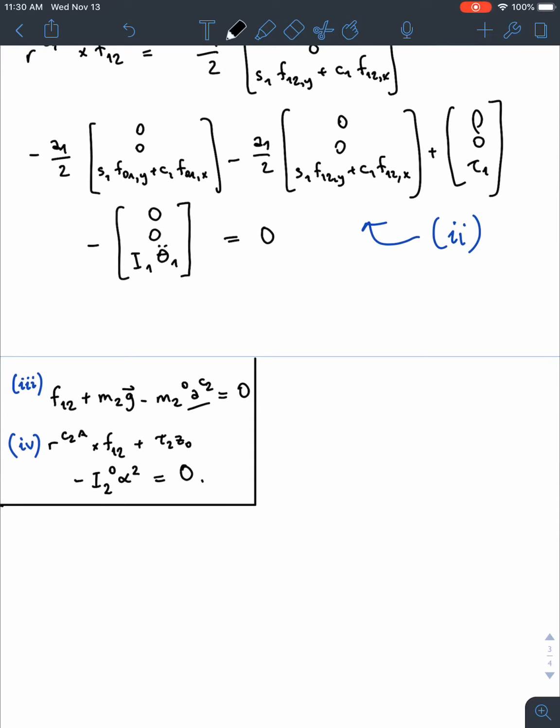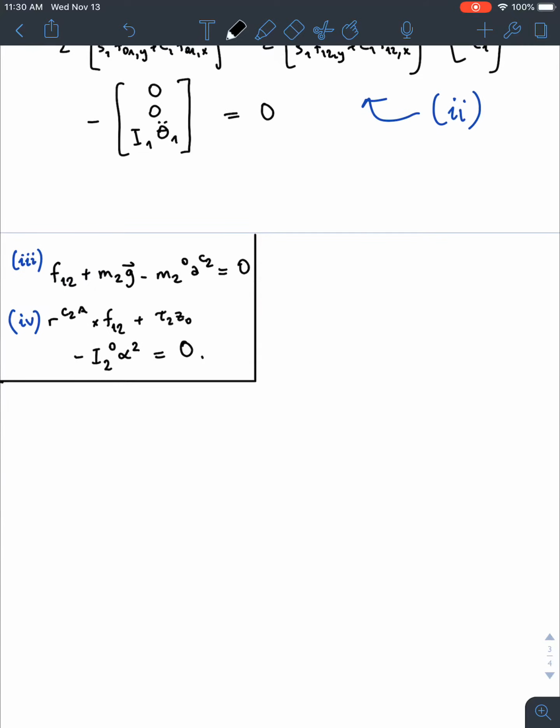That's going to be a bit longer than the acceleration of c1 because I have to go through the first link to get to the second link's center of mass, of course. So let's just start without further ado.